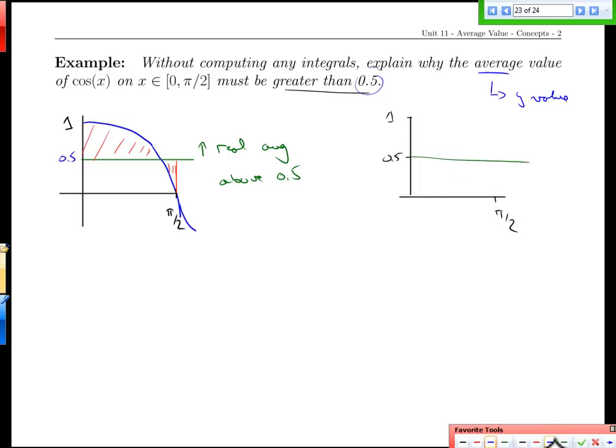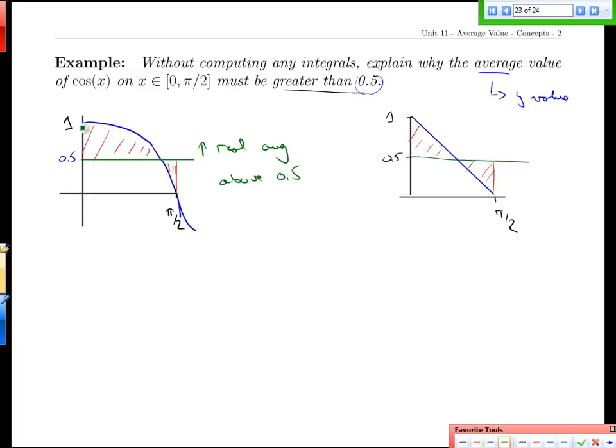So if our function was a straight line from 0 to pi over 2, then we would have a perfect match in areas. The area above and the area below could be swapped, and we'd get the same area with an average line of 0.5 as we would with this triangle.